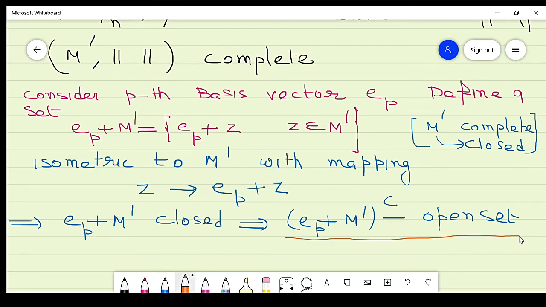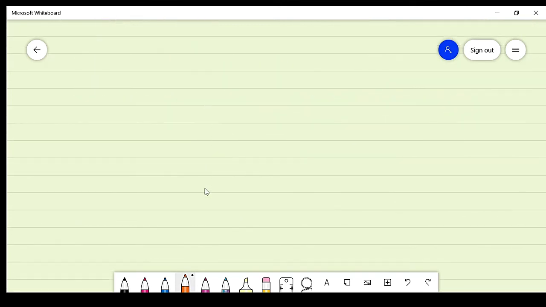The second part is that 0 belongs to this complement set. 0 belongs to the complement means 0 does not belong to Ep plus M dash.